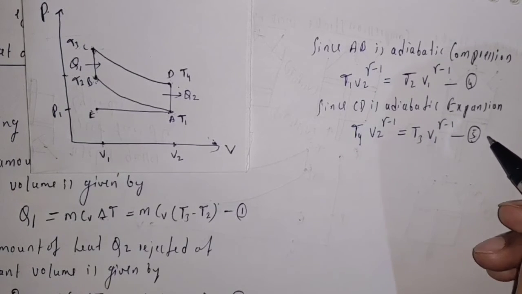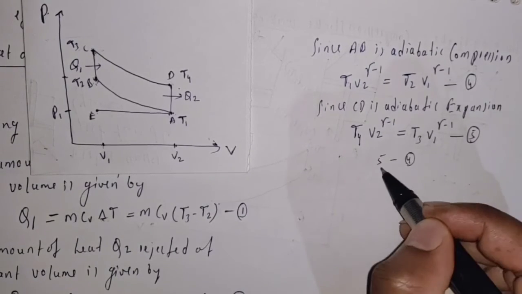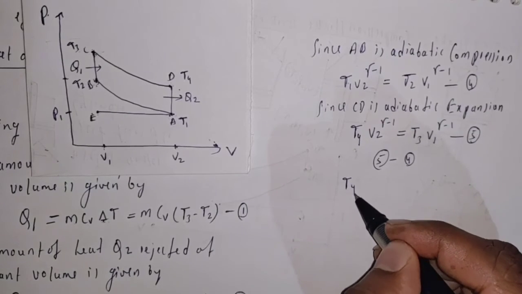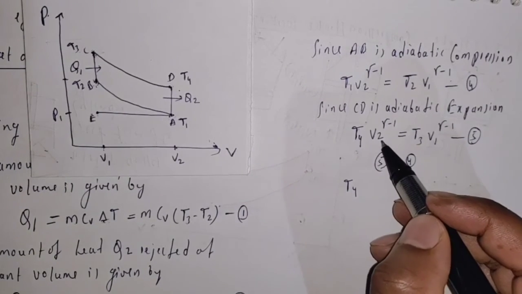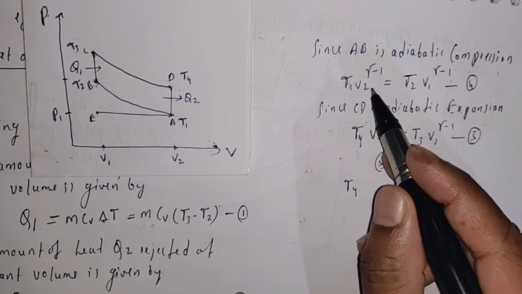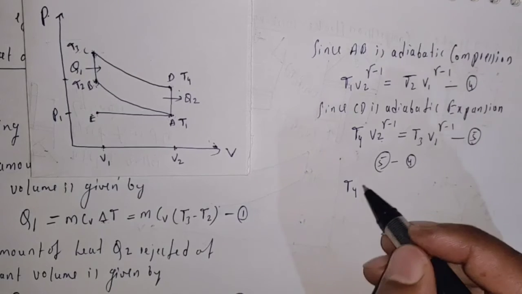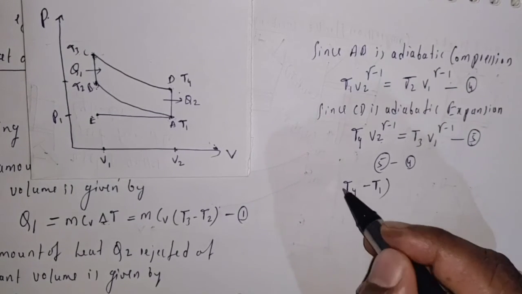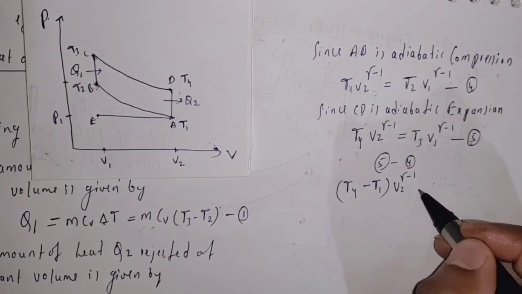And here I am going to subtract 5 minus 4. Then we get T4 minus T1 with V2 power gamma minus 1 common, so we get (T4 minus T1) into V2 power gamma minus 1.